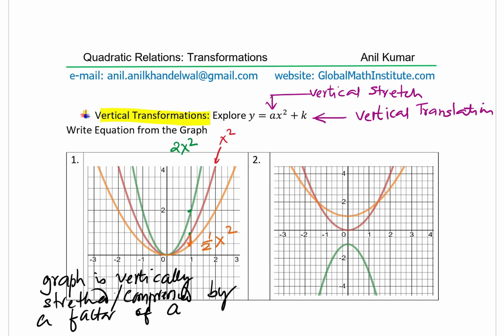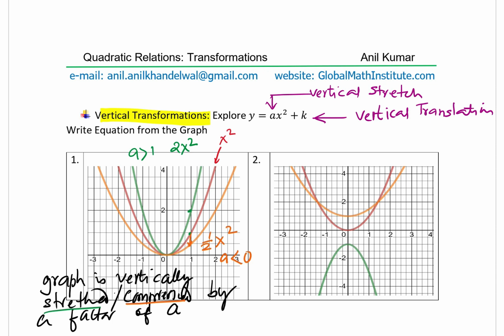Now, for convenience, whenever we have a smaller value, we say compressed. But you could say stretched by a factor of half. But technically, you should use the word compressed if a is less than 1. Is that clear to you? So if a is less than 1, we say compressed. But if a is greater than 1, we say stretched. Let this be the rule.